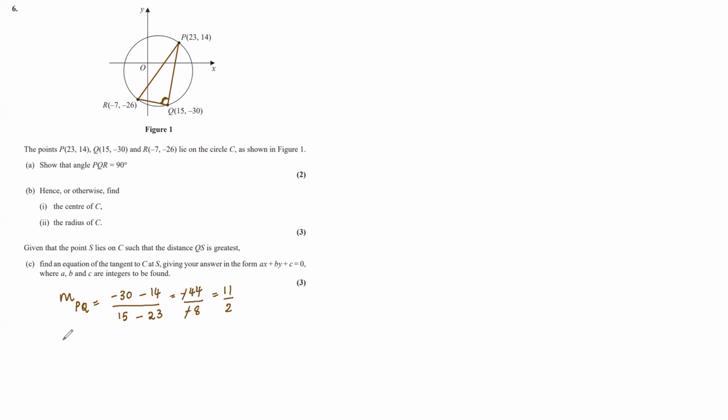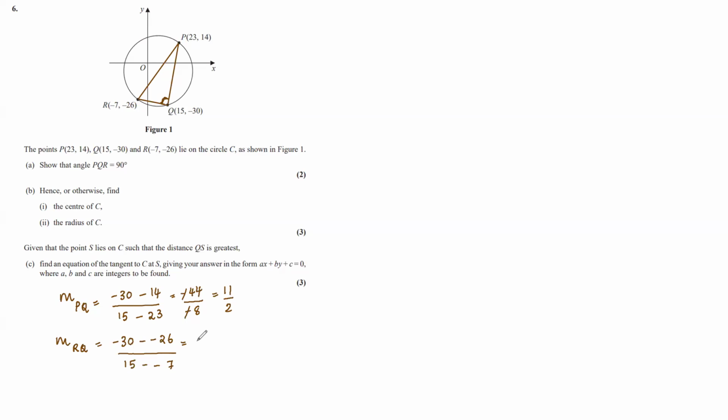Now let's find out the gradient for RQ. For RQ, y2 is -30 minus y1, that is -26, divided by x2, 15, minus x1, that is -7. -30 minus -26, that is plus 26.